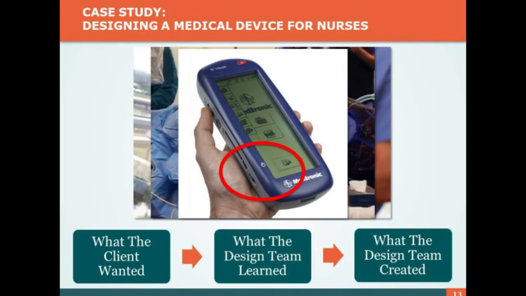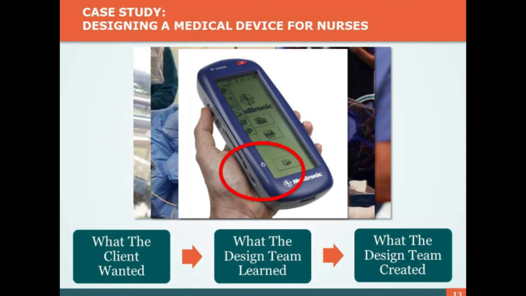So what did they actually deliver? This. It's not an iPad. It's not cool. It's not hip. It doesn't have a color screen. It's not fancy. But it can be used with one hand. And they realized that, and the hospital agreed afterwards, that if they had provided iPads, it would have been a complete failure.